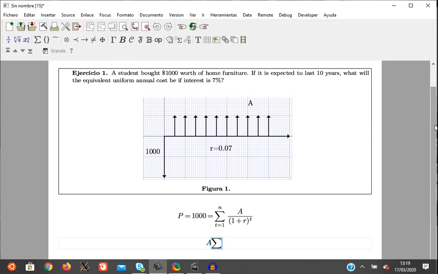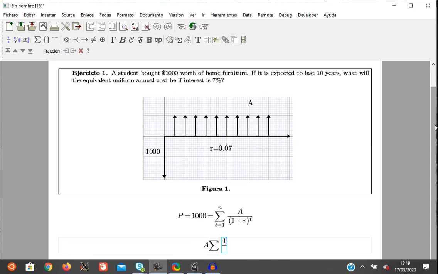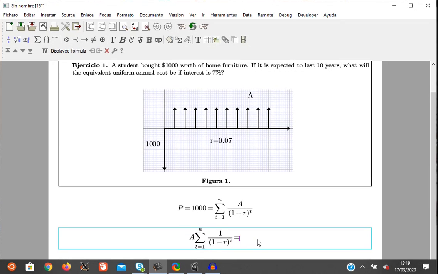This expression can now be treated as a geometric progression with the formula we all know. The formula says that the sum of the n terms of a geometric progression is essentially the first term of the progression, that is again a fraction, 1 divided by 1 plus r, minus the last term of the progression times the rate of the progression, and the rate in this case is this term 1 over 1 plus r.